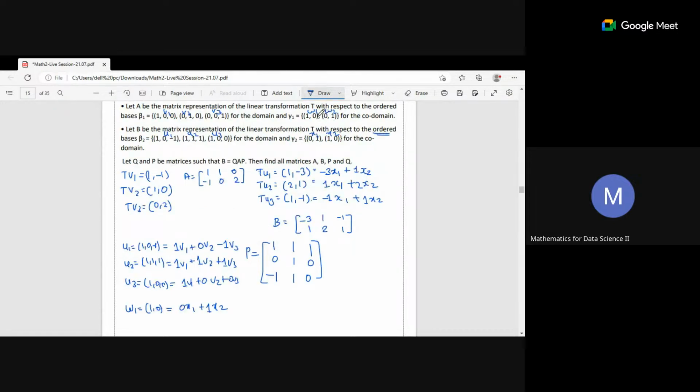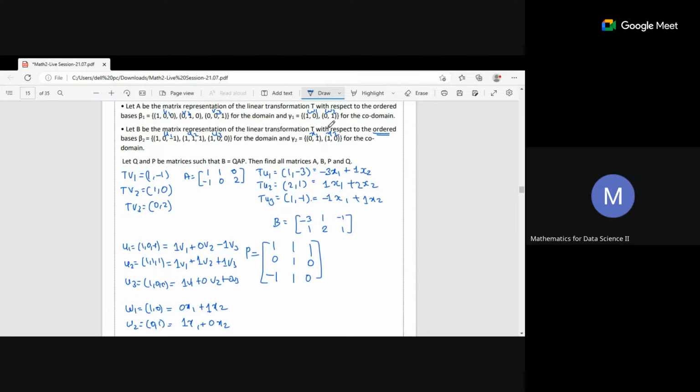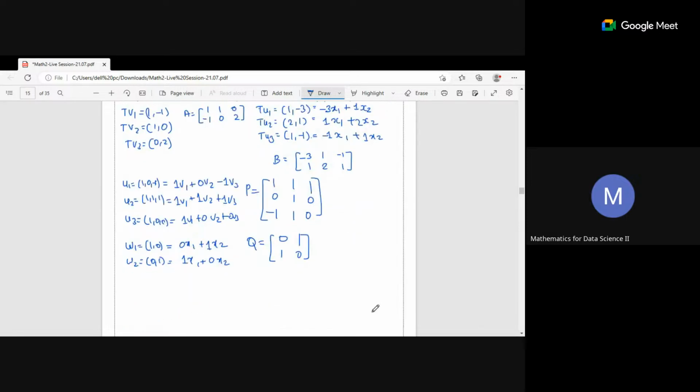And W2 is 0 times X1 plus 1 times X2. So what is your matrix Q? 0, 1, 1, 0.